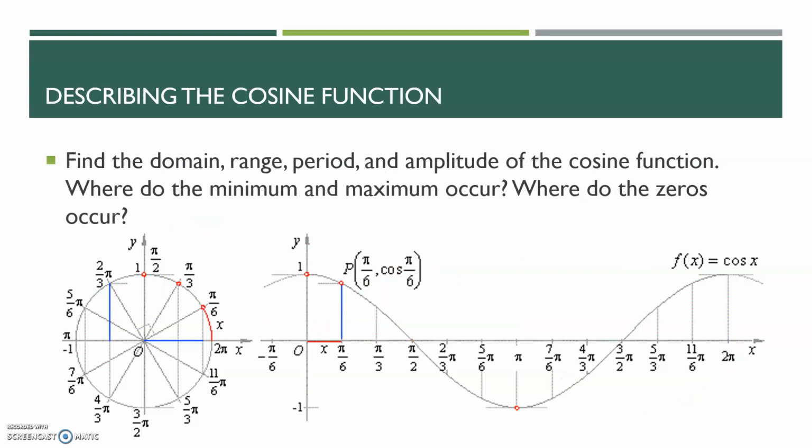So find the domain, range, period, and amplitude of the cosine function. Where do the maximum and minimum occur, and where do the zeros occur? If I look at the domain, because it's similar to the sine function, it ends up looking very similar. The domain should be all real numbers, because I can plug in any value for theta.